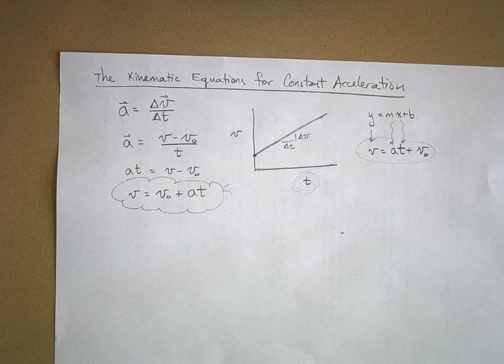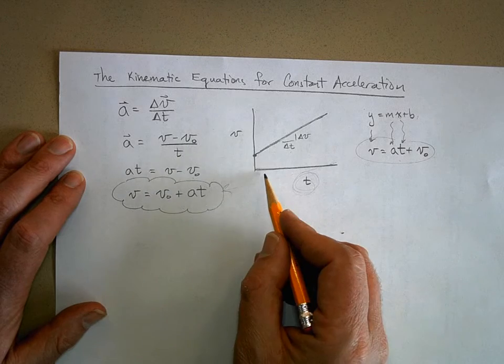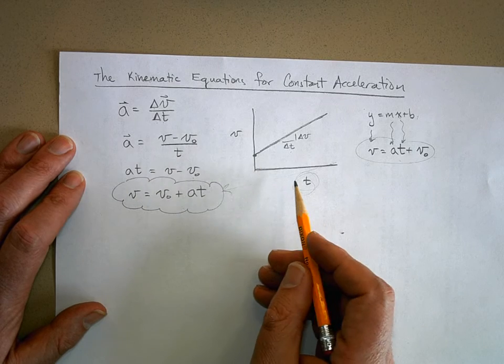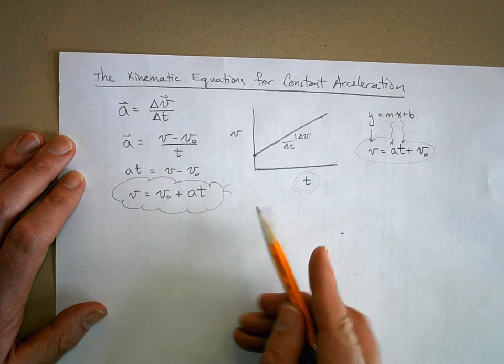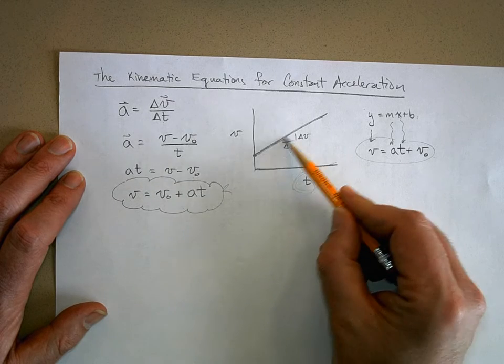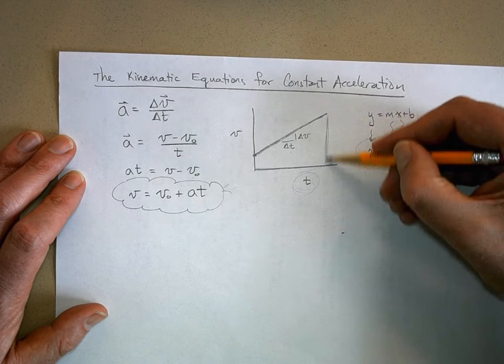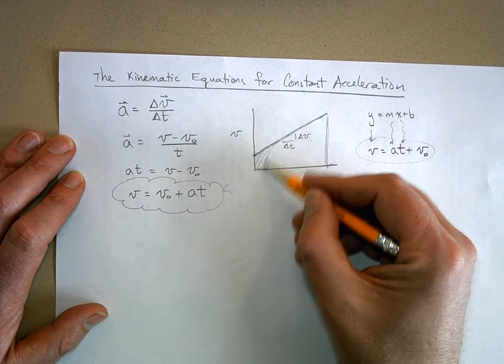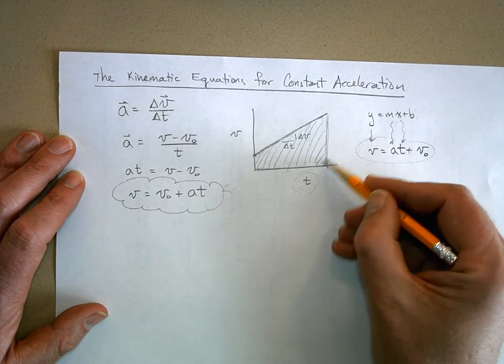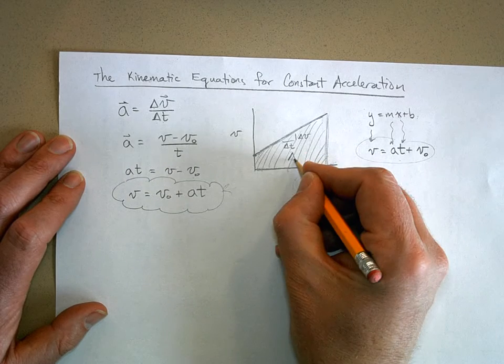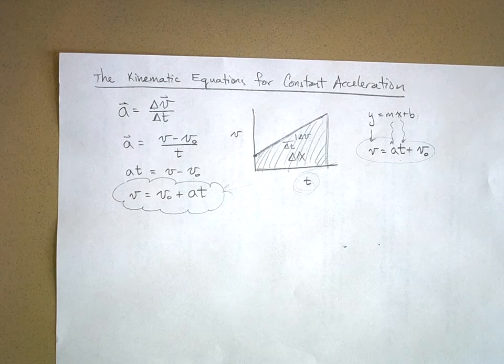Now what I'm going to do is develop another kinematic equation based on the area underneath the graph. Recall that if you have a velocity versus time graph, the area underneath that graph, here's the area underneath this graph, represents displacement, or how much I change my position.